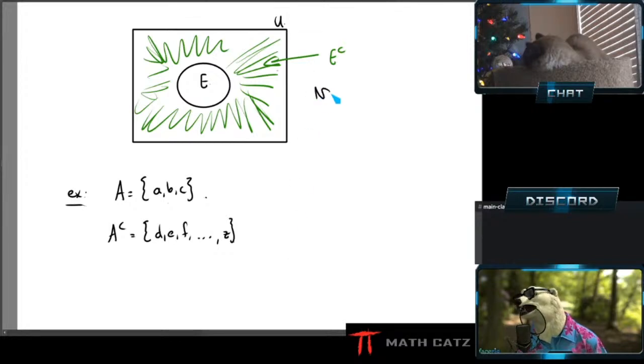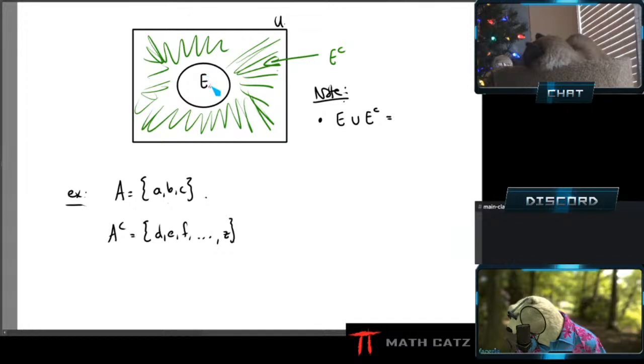So an observation that I can make here, first of all, so important. If I take E, any set, and I take the union with its complement, what does the union require? To throw everything together.